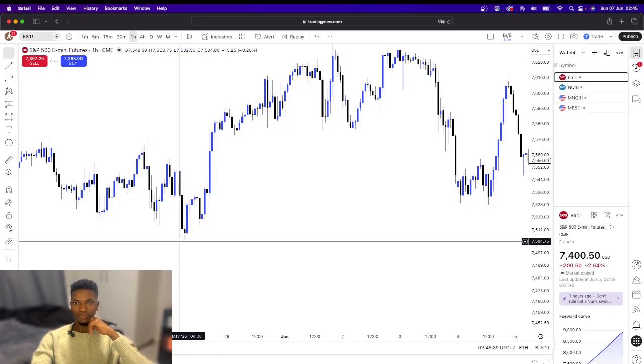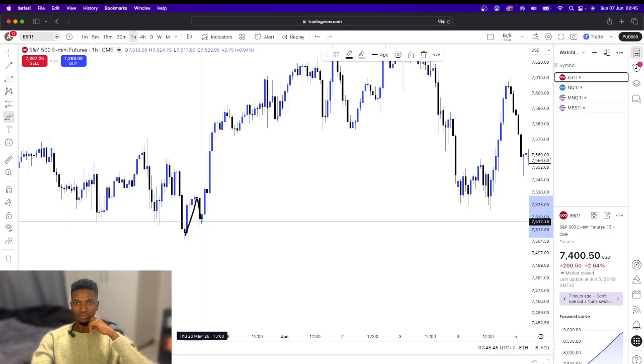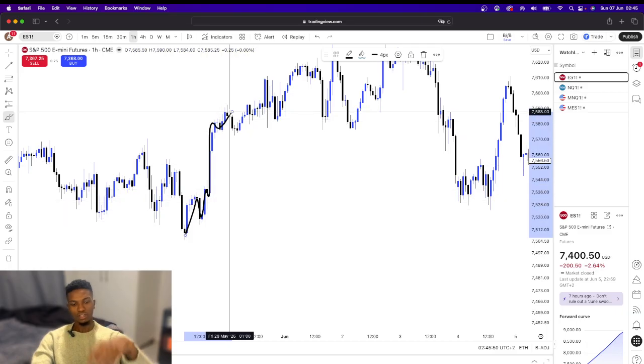What do we have from here? Let me use the brush tool. So from here, a move up, a move down, a move up, a move down, a move up, a move down, a move up, right?